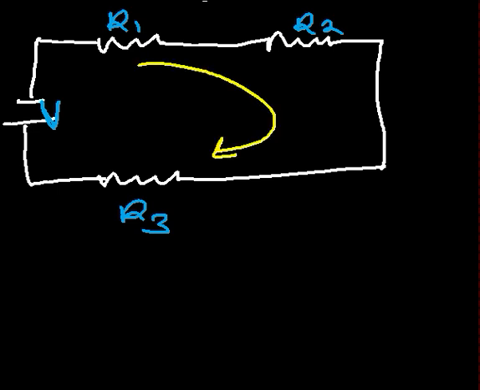And now say this is resistor 1, this is resistor 2, and this is resistor 3, and this is the source of voltage. And we have the flow of the current which is going over like this. Let's say this is the current, that is the symbol for current.